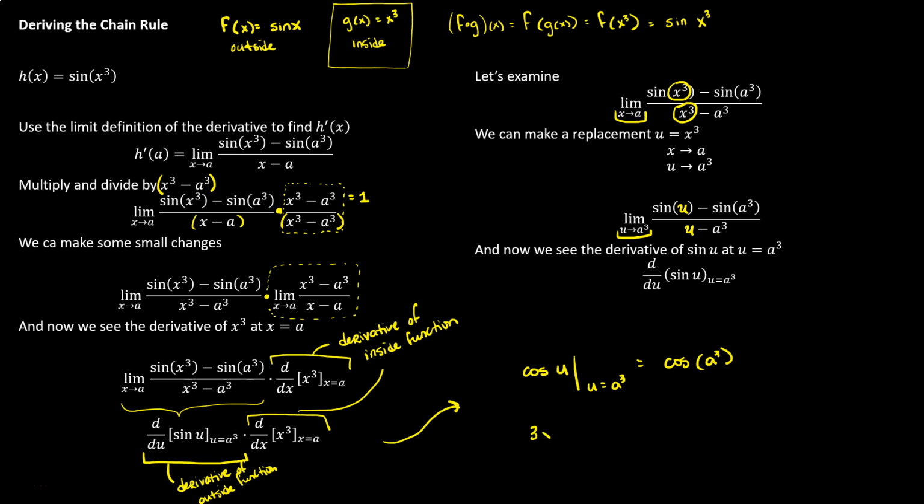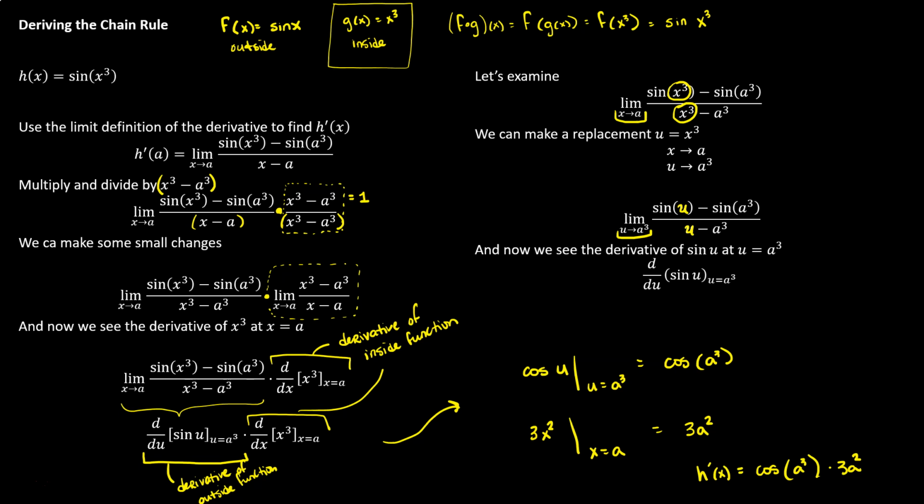That's going to look like 3x squared, and we're going to evaluate that at x equals a, so that would look like 3a squared. And finally, h prime would then look like the product cosine a cubed times 3a squared.